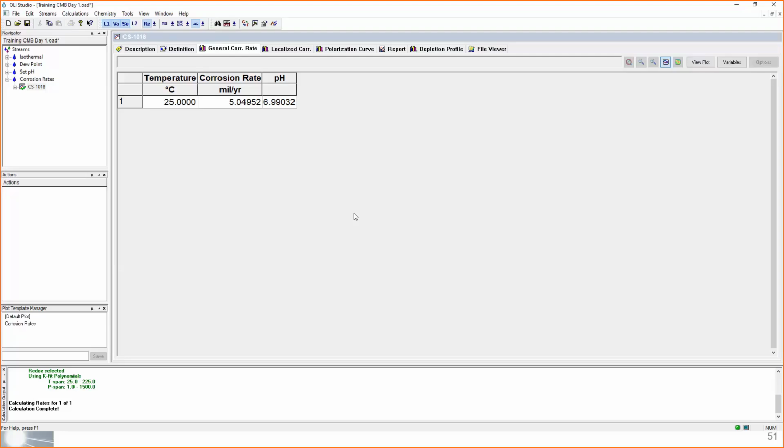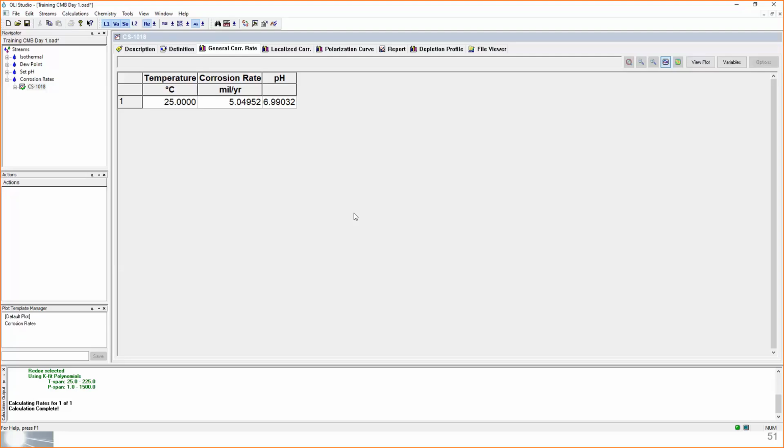Maybe next class I can also show different validation plots that we have for different systems, so that you can have an idea of what will be the error that these results will have for the calculations of the corrosion rate.